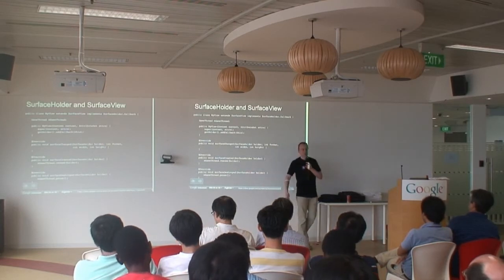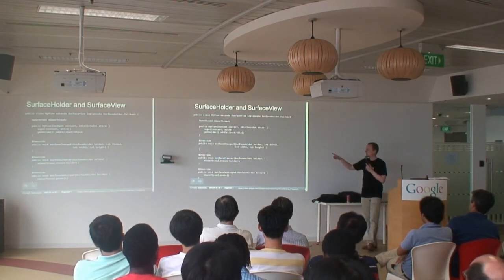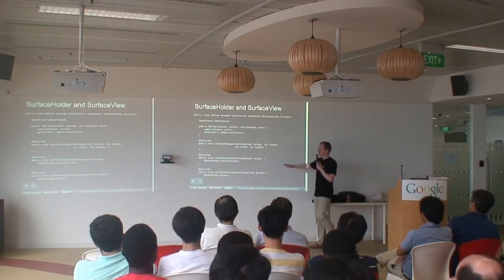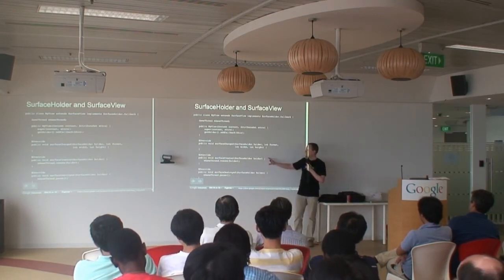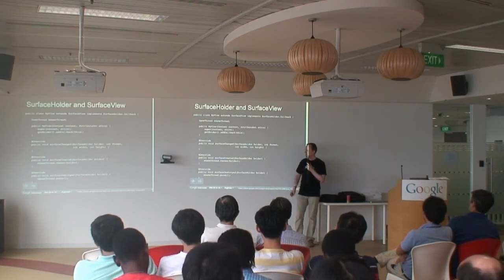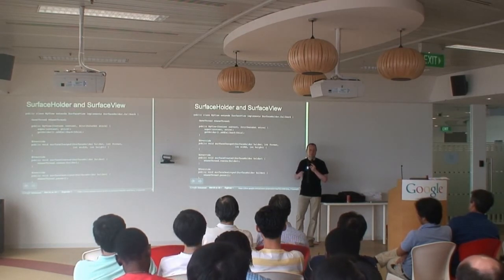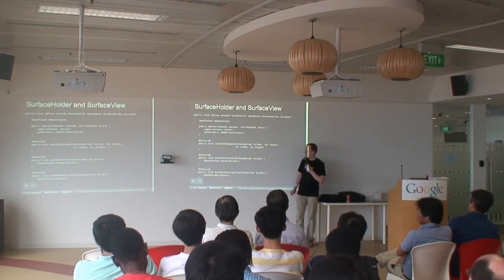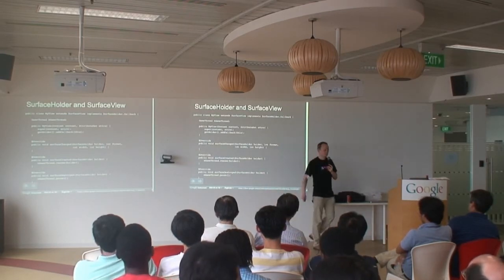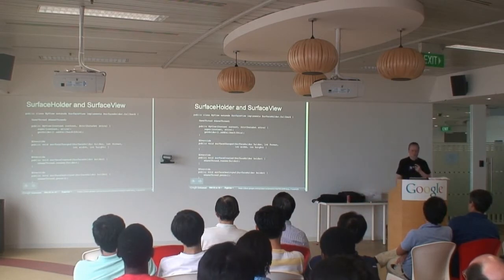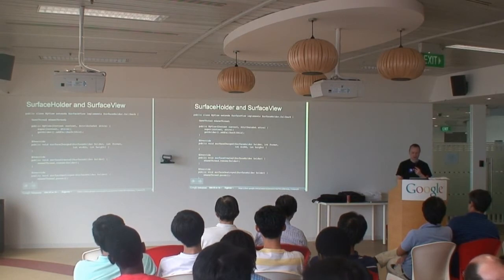And we have to make sure that we only use this surface holder during this interval between surface created and surface destroyed, because this surface holder is something that you can't use all the time. It will get created and destroyed automatically by Android. So as soon as you get the destroy method, you have to make sure that you pause the thread. So this is similar to some other events of the activity.